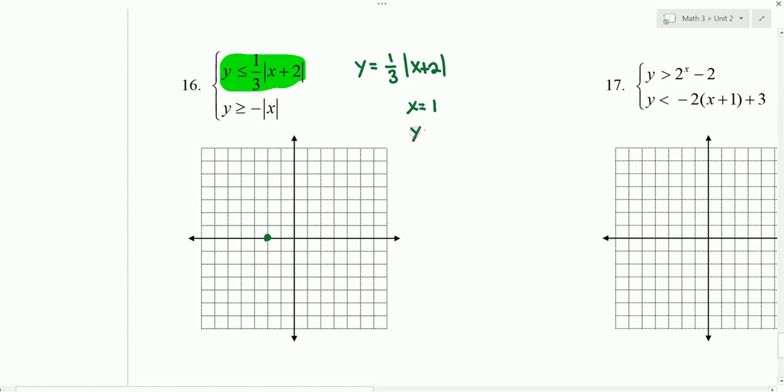And so y equals 1/3 times the absolute value of 1 plus 2. Which ends up being 1, because you multiply the 3 with the 1/3, and you get 3 over 3, which is 1. So we plugged in a 1 and got a 1.